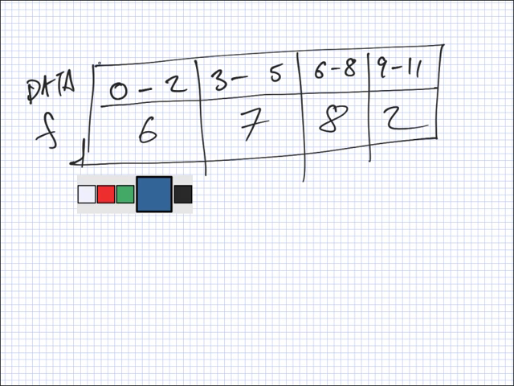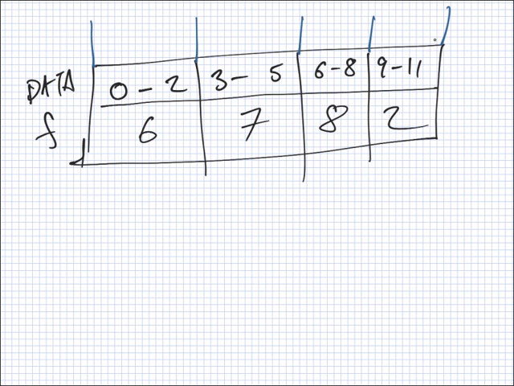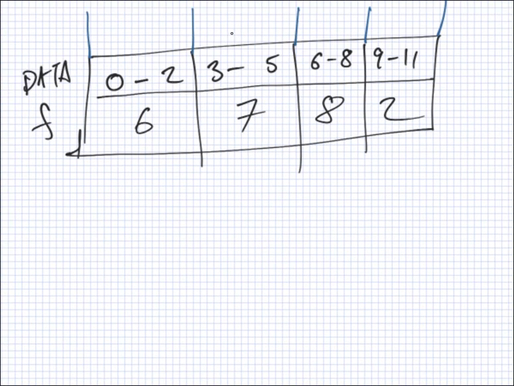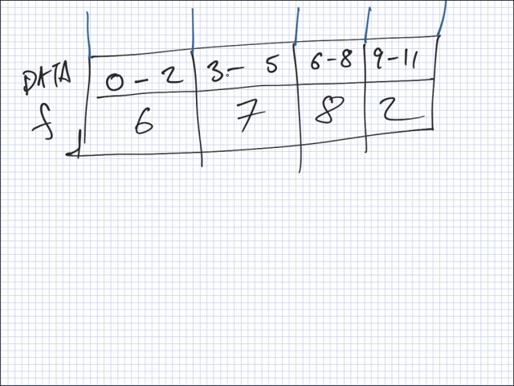That is, put in what the interval is precisely. So let's take this one, 3 to 5. It's not really 3 to 5, because the number 2.99 would go into this box, because 2.99 rounds off to 3.